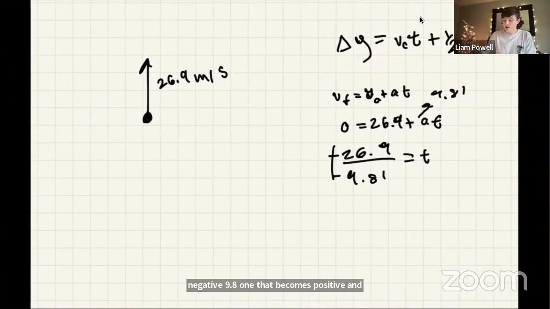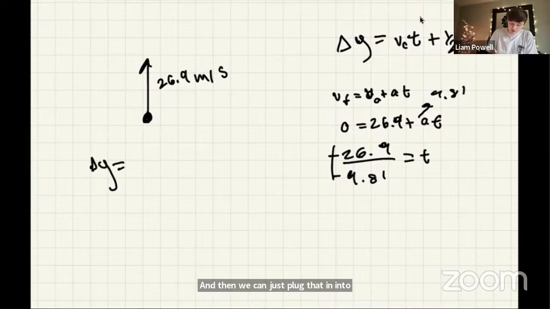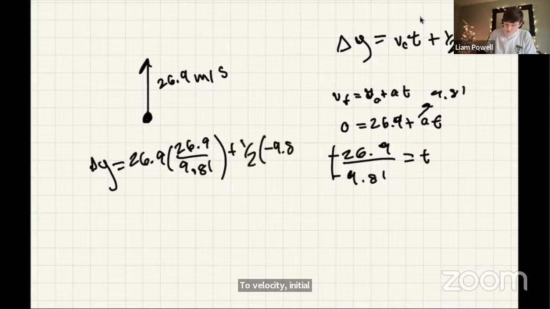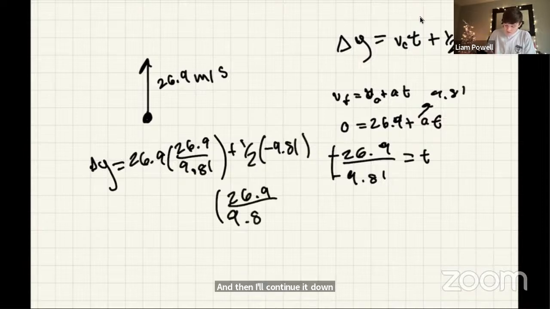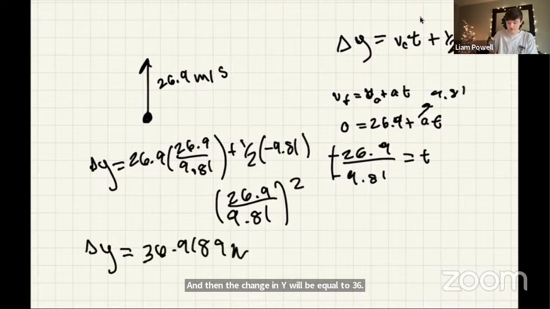And then we can just plug that into here, to velocity initial, and then the change in y will be equal to 36.9189 meters.